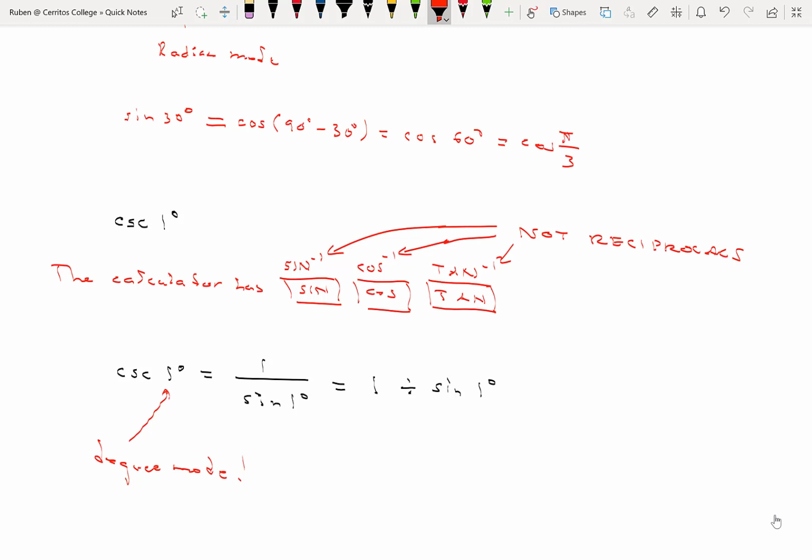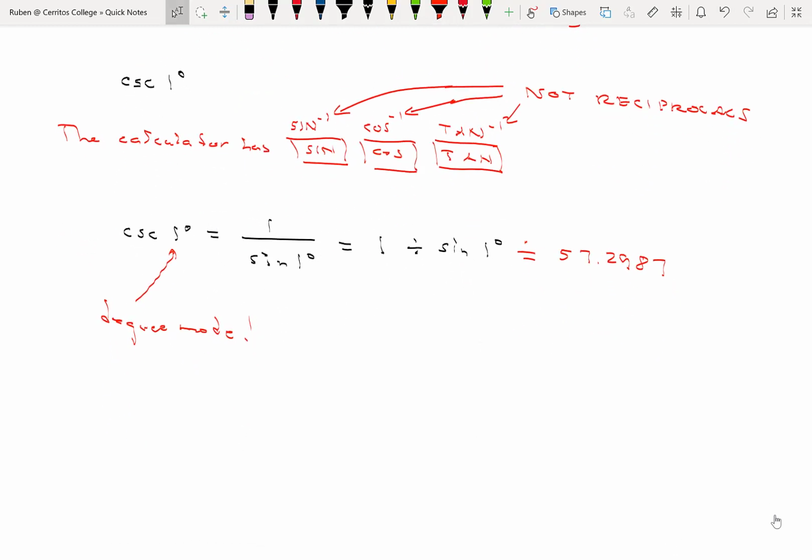Don't have to enter the symbol for degrees. The calculator already knows. And you get about 57.298, approximately, just rounding to 4 decimal places.